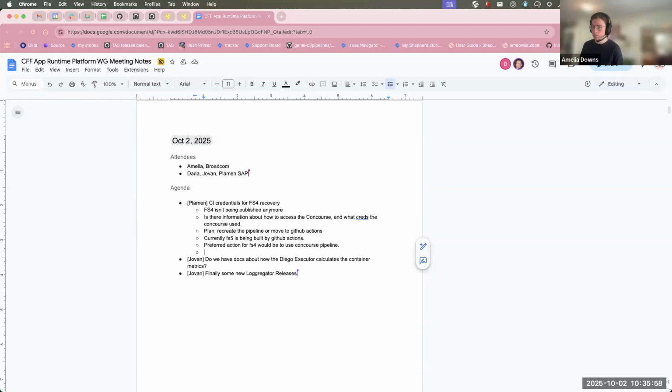If not, definitely we would need to search for another option. I don't have any access or knowledge about this because it's not in this area. Sorry, the stack is not in the ARP area. I don't know what credentials there are.